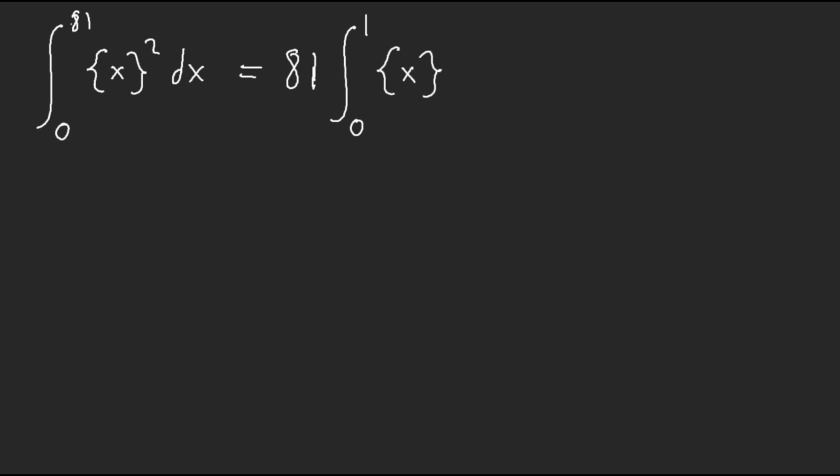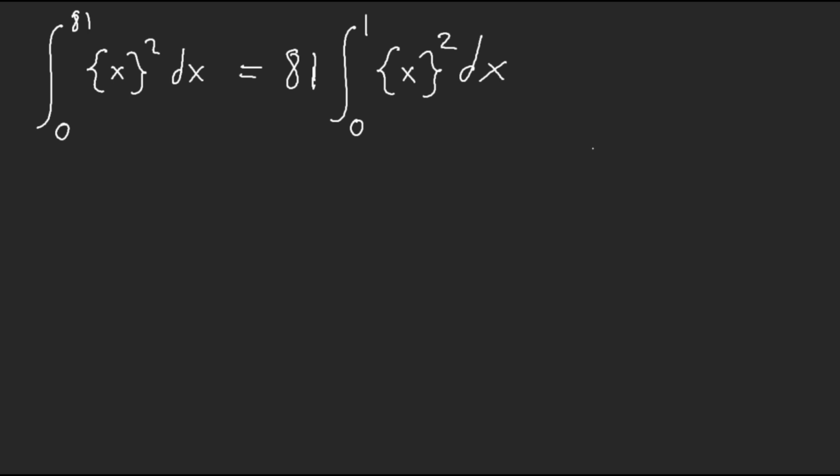If it was periodic by 2, then it would be from 0 to 2, and it would be 81 divided by 2. But because this is periodic by 1, it goes from 0 to 1, and we multiply this integral by 81. Okay? And now going back, we have this integral.